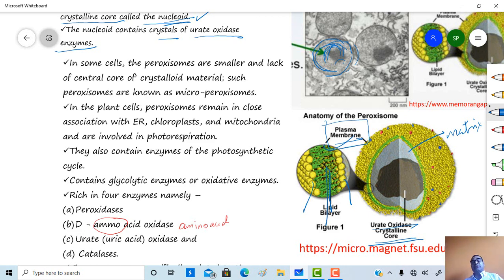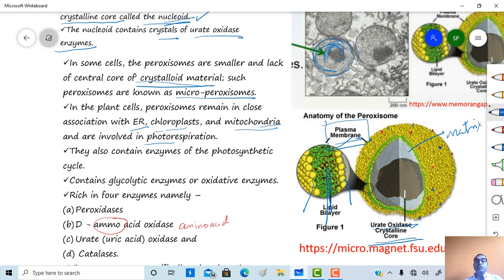In some cells, the peroxisomes are smaller, and generally they lack the central core of crystalline material. Such peroxisomes are generally considered microperoxisomes.